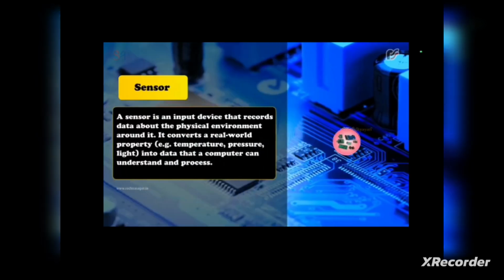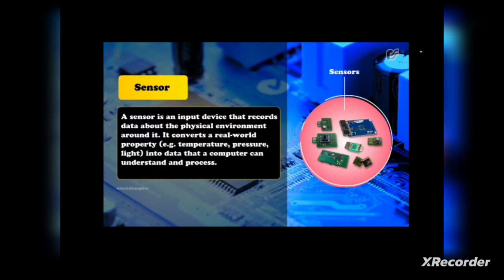Sensor. A sensor is an input device that records data about the physical environment around it. It converts a real-world property, for example, temperature, pressure, light, into data that a computer can understand and process.